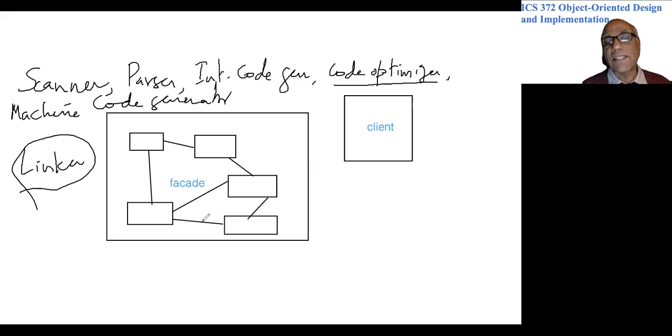So what the facade does is it hides the individual components and it provides an interface to the client. So the client can access the functionality of the facade through well-defined interfaces.